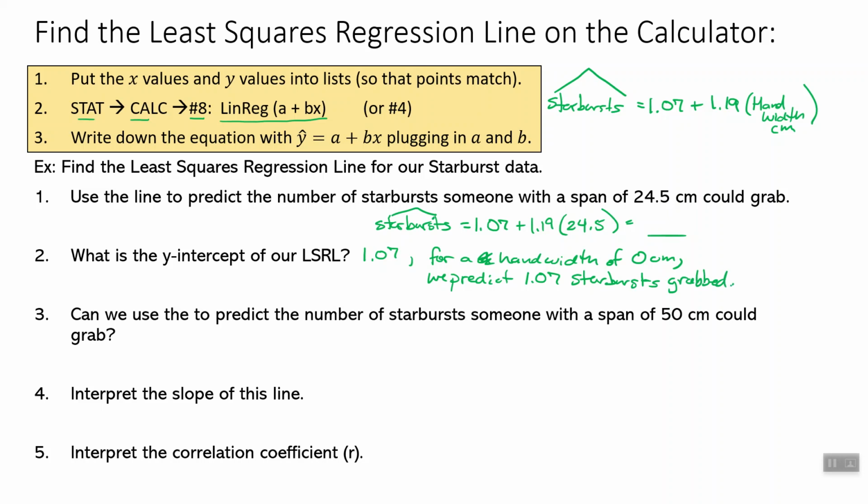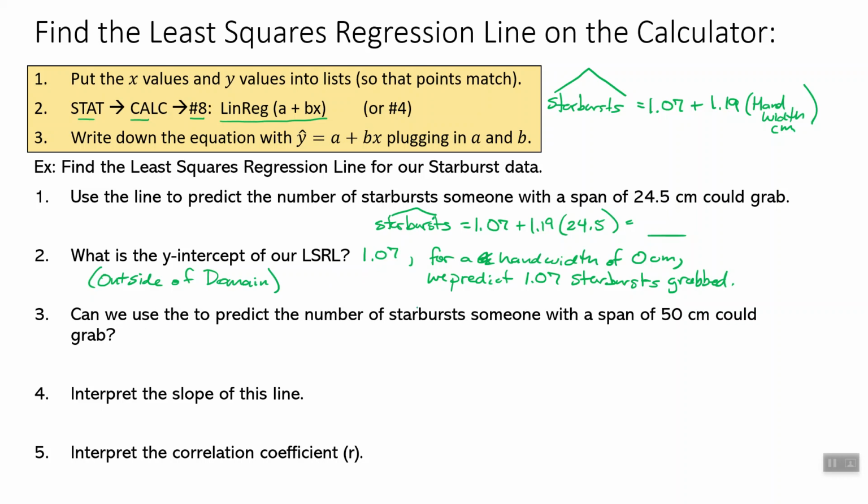Now that, to me, doesn't make sense. It's not possible to have a hand width of 0 centimeters, and if you had, that means you have no hand. And if you have no hand, how are you going to grab a starburst? So this is going to be outside of our domain. So it's probably not going to be important for using prediction. So we probably don't want to use that to predict when our hand size is 0.